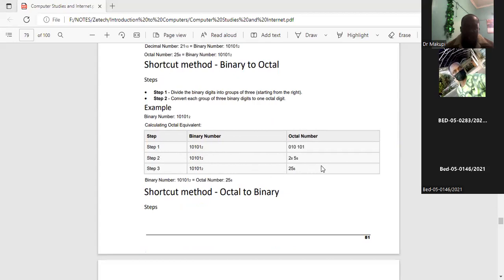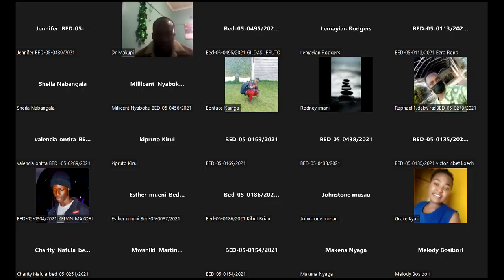So we have other methods like the shortcut method. And for you to be able to use a shortcut method, it means that you must have tables. There is a table of octal numbers and a table of hexadecimal numbers. So maybe I should discuss that so that we move to the shortcut method.